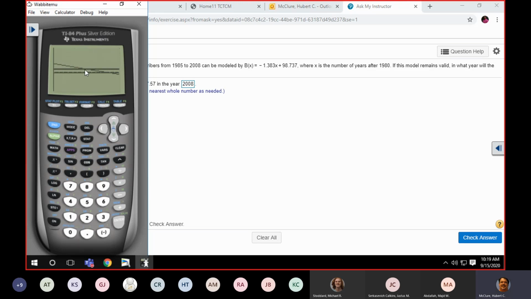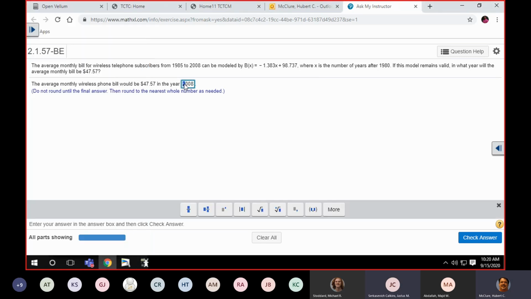And there's the intersection right there. So I'm going to hit second, trace, go down to intersect. You want to intersect this line with the other line? Yes. There's the other line. And where's your guess? Well, I'll say it's right about there. And there is your answer, 37. So add 37 to 1980. What do you get? 2017. So I'm going to type in 2017.